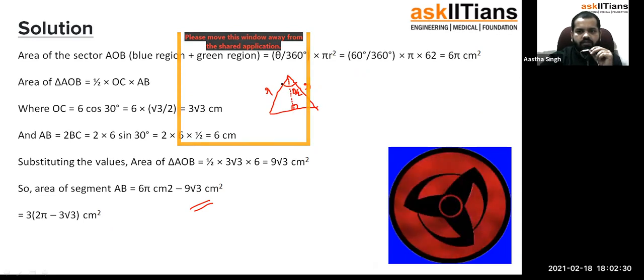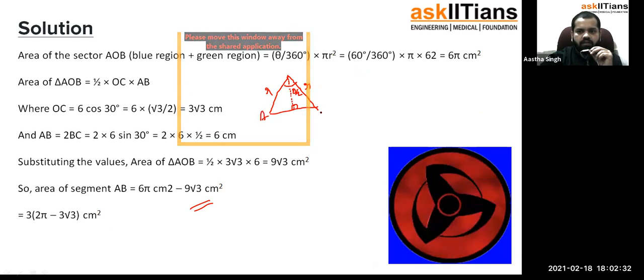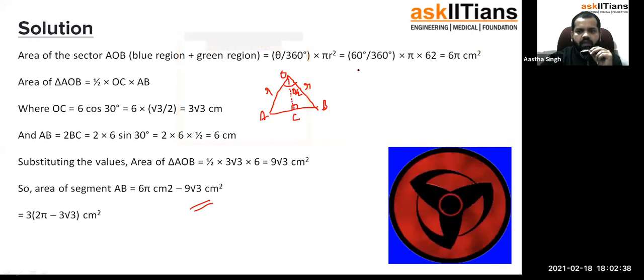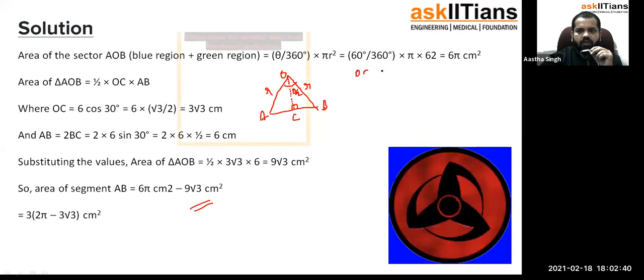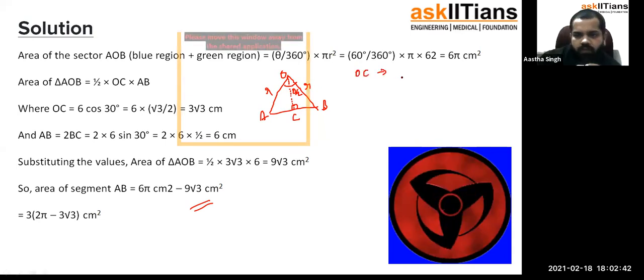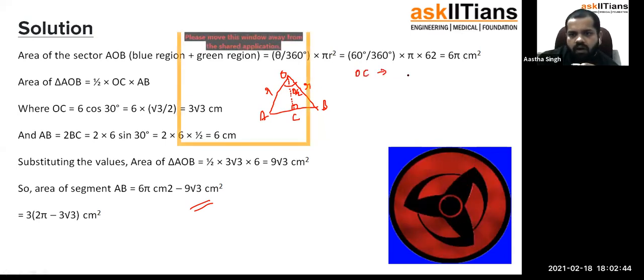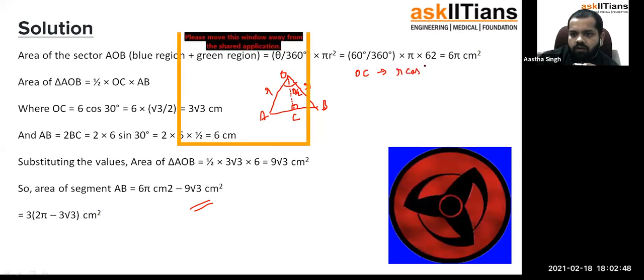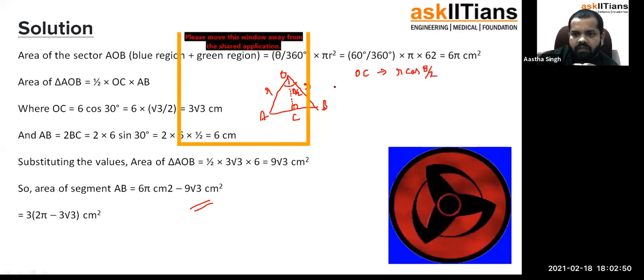I'm just talking about its length. If this is A, B, and this point O, center O, and suppose this midpoint is your C. What will be the length of OC? OC will be R cos theta by 2. I think this is right.